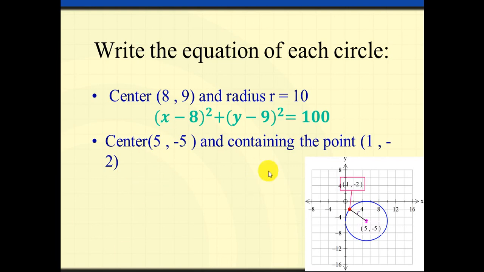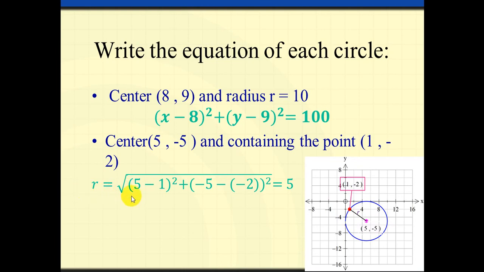We need to know the radius length. From the figure we can get the radius length by using the distance formula between 2 points. So the first point is (1, −2), and the second point is the center.